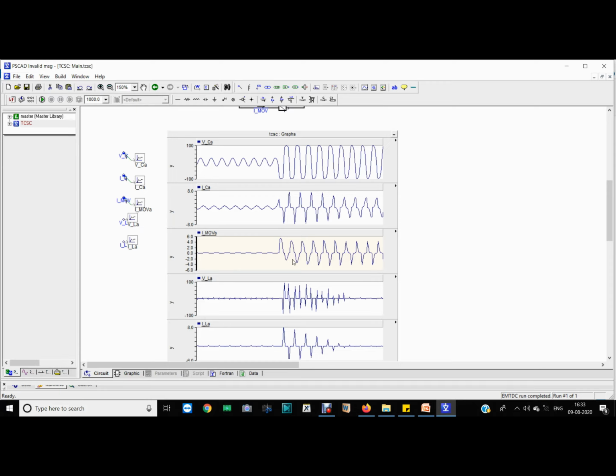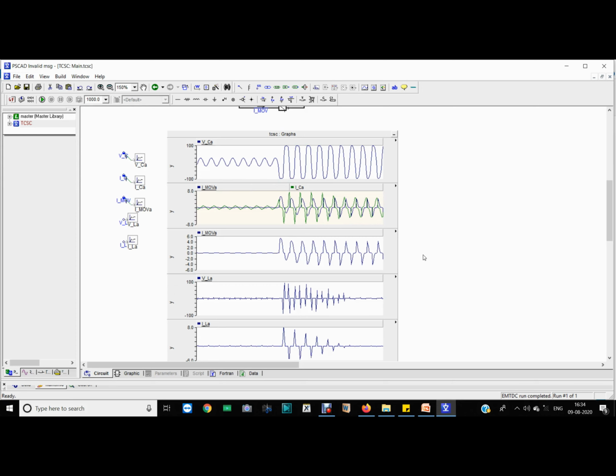So if we take this thing, you can see that if we consider the superimposition of capacitor current and MOV current, this is nothing but a sinusoid.